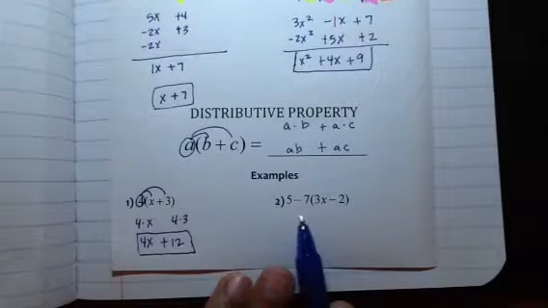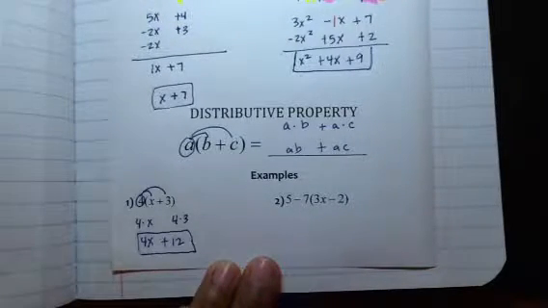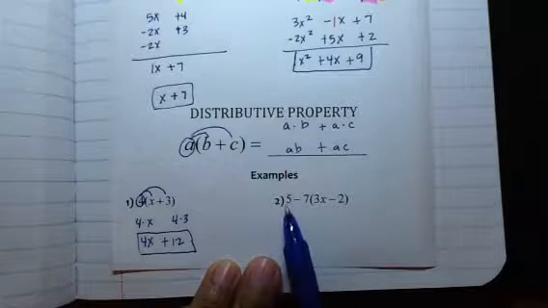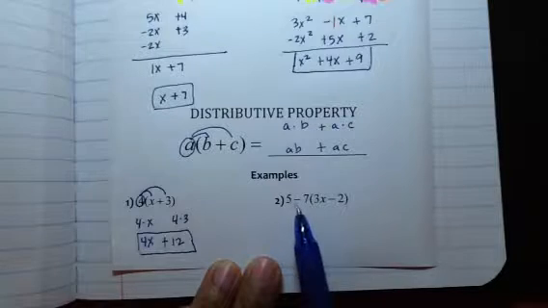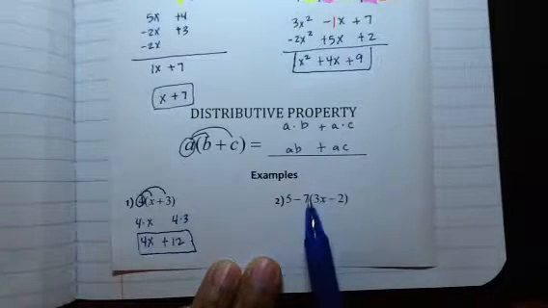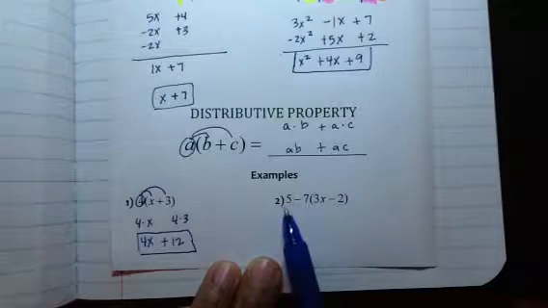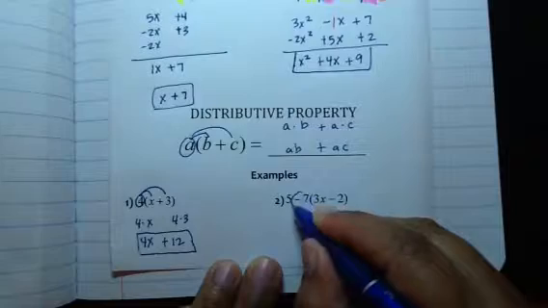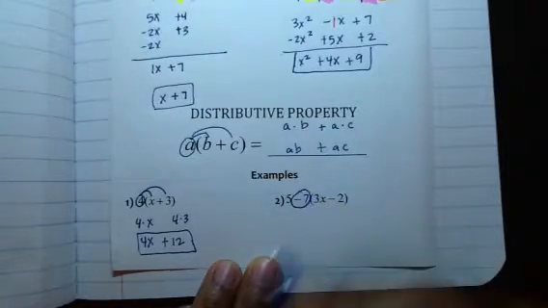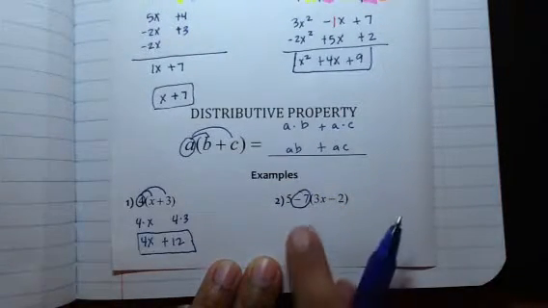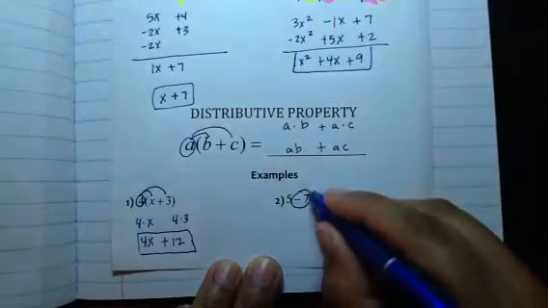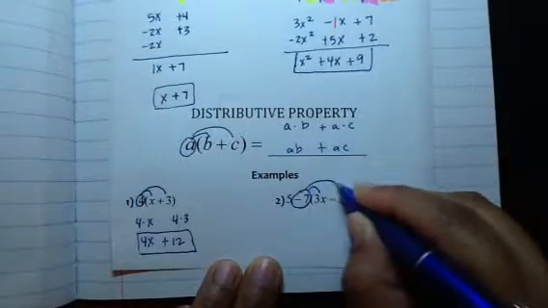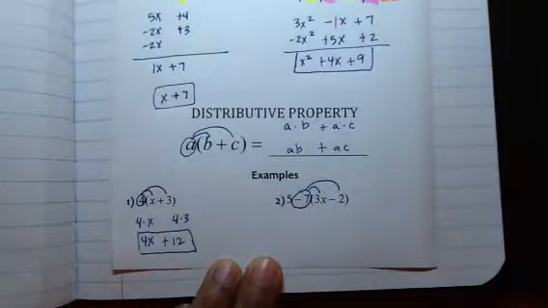As I stated a second ago, this is the harder of the two problems. When you see a number and then outside of the parentheses you see another number, you can't add these two or subtract these two. You have to do the multiplication first. It's kind of like PEMDAS. So what we have to do is multiply the negative 7 to the 3x and to the negative 2, or the minus 2.